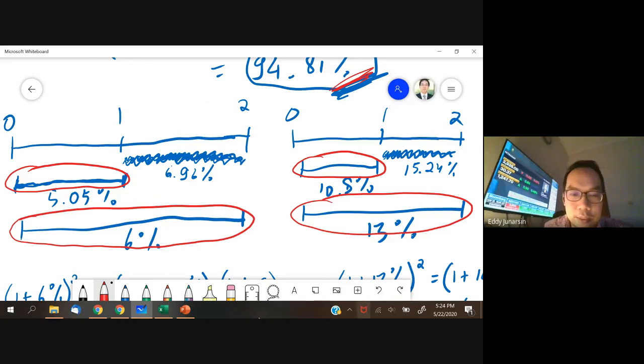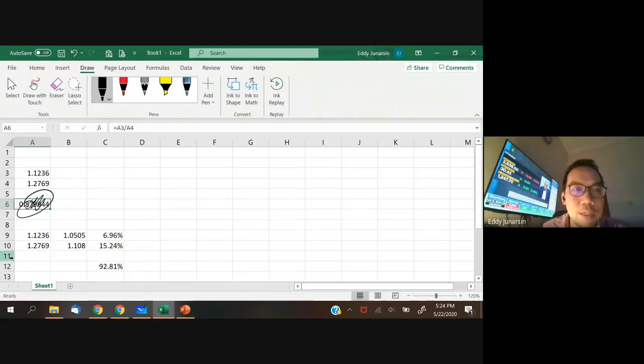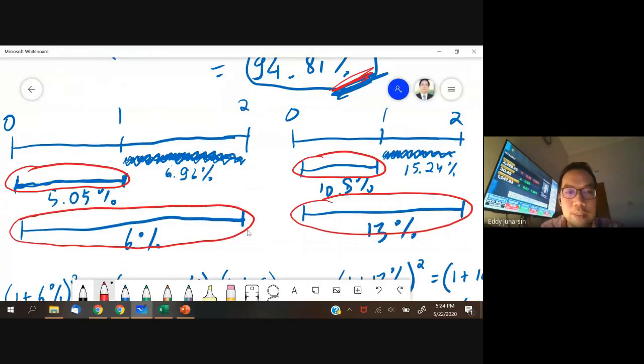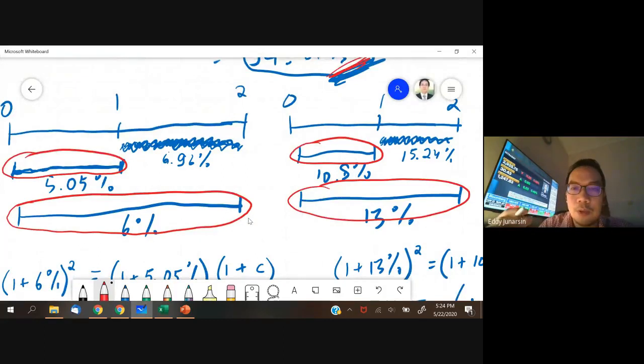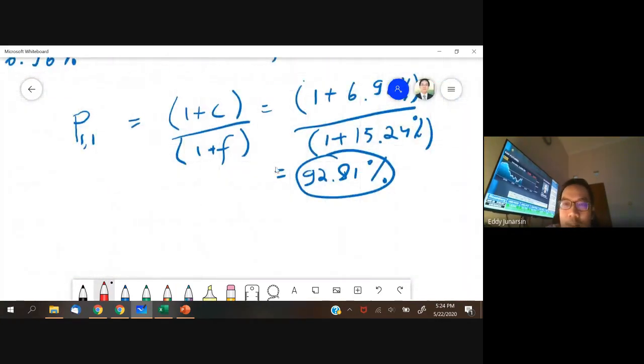And we get 87.99. And the last one here is we try to estimate the probability of repayment for 1 year, but 1 year from now, between this one and this one. And we got 92.81. You see, 3 different things, right?